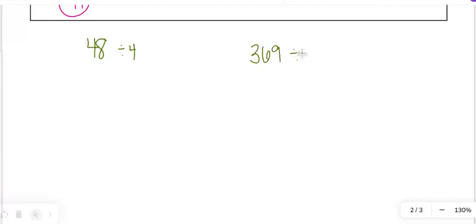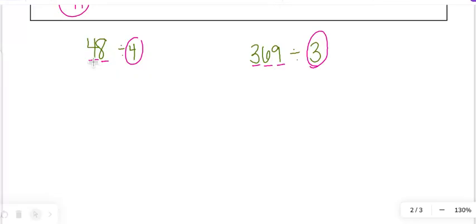Additionally, on another note, you may have problems, like let's say I had 48 divided by 4, or 369 divided by 3. These are both examples where each individual digit is divisible by that single number. So 4 and 8 are divisible by 4, and 3, 6, and 9 are each individually divisible by 3.